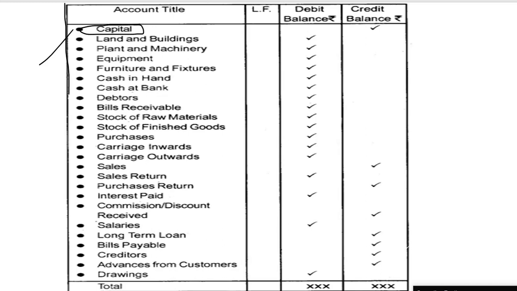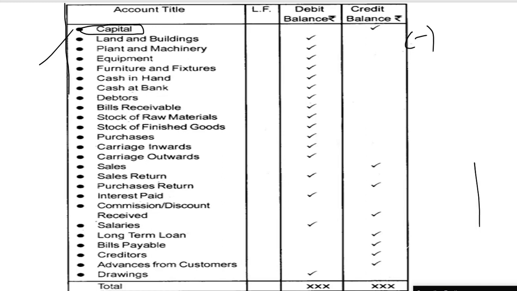If you start a business and after one year you count the things, you count the investment we got, and by removing our expenses, whatever profit we got is called the capital, guys. So capital always comes under the credit.